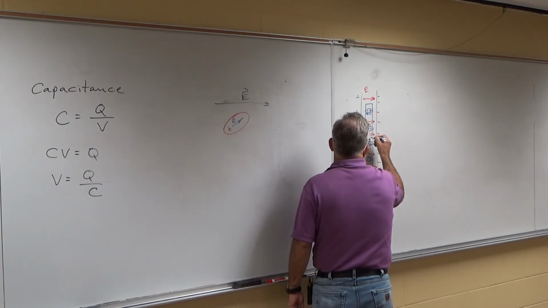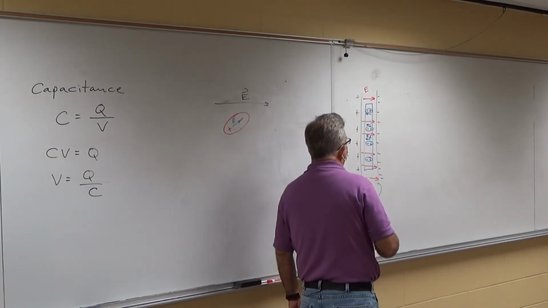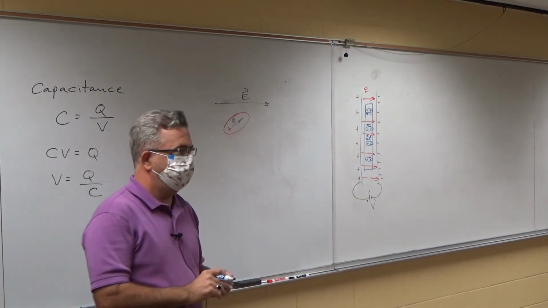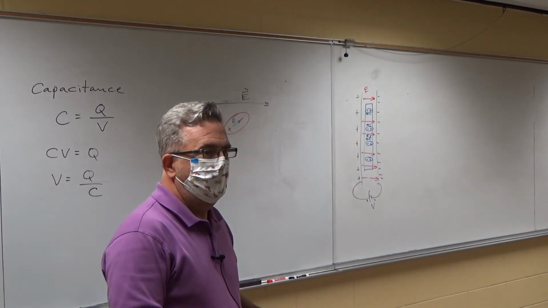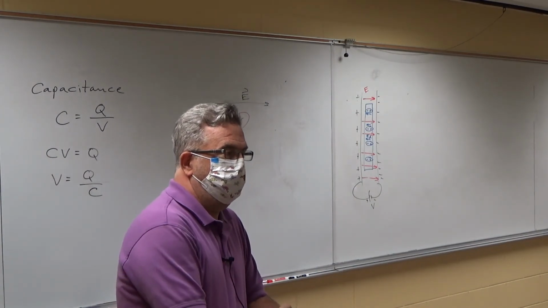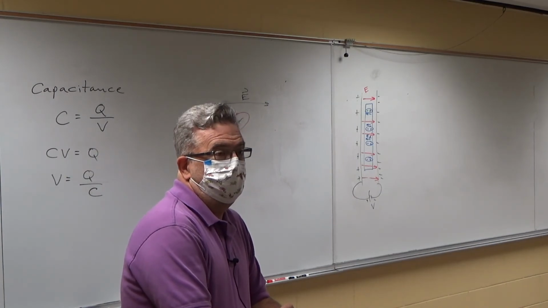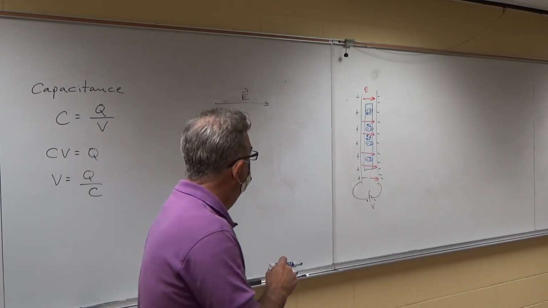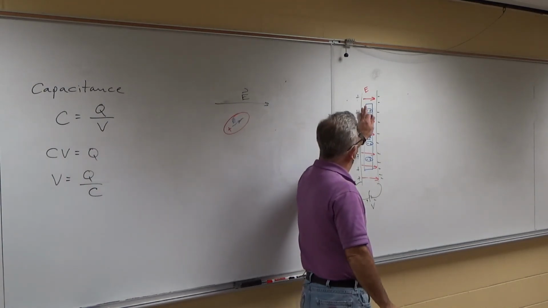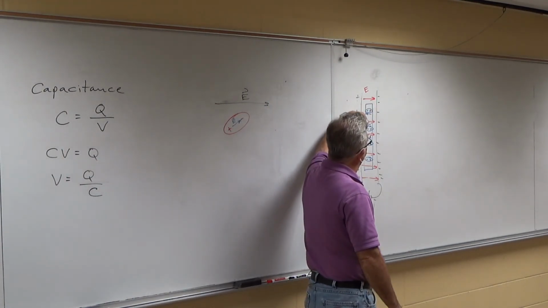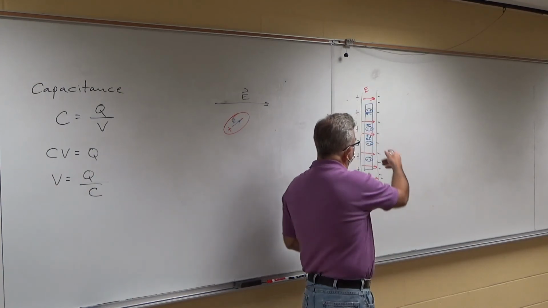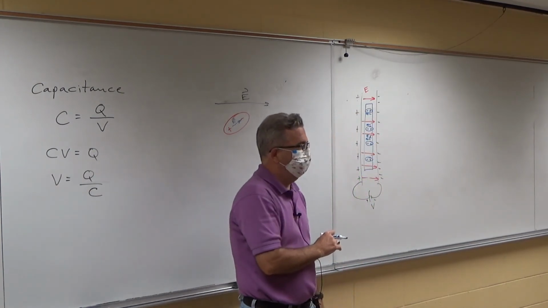I'll call it E sub D. That's the electric field of the dipole. So the net electric field inside the capacitor goes down, because you have the electric field due to the charge stored on the capacitor, and then this electric field from all these little dipoles lining up.